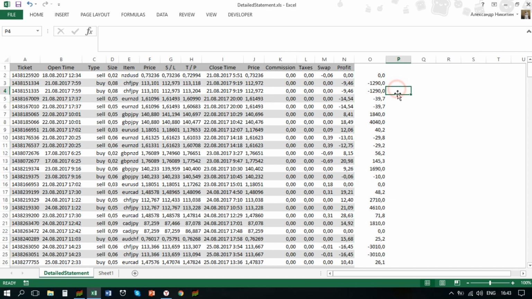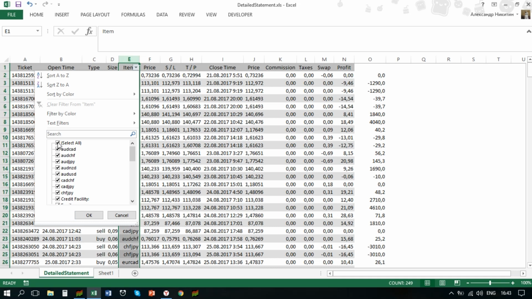Okay, perfect. So now we have some pips, but sometimes we have thousands of pips, and if you pay attention, this is only because we have yen pairs. So I will go here and filter some yen pairs. I have 7 yen pairs. They are Aussie yen, Canadian yen, CHF yen, Euro yen, the pound yen, New Zealand yen, and dollar yen.